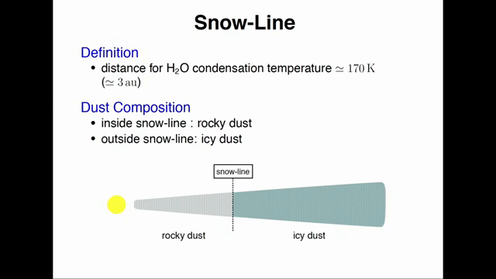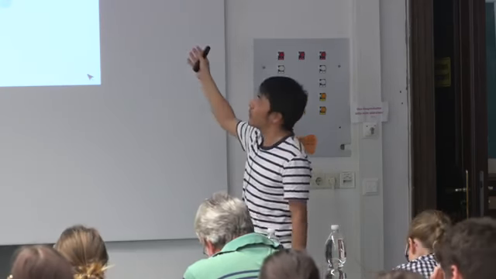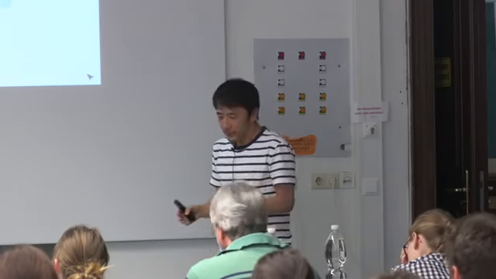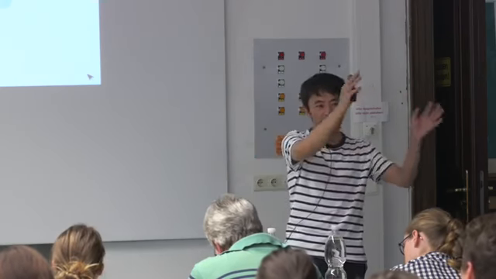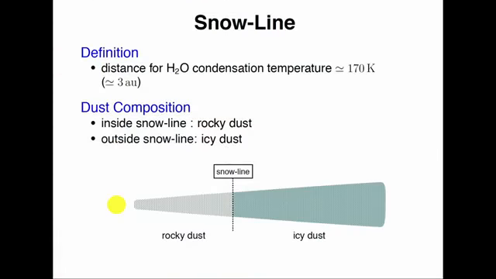The definition of the H2O snow line is the distance from the central star to the point where the disk temperature is about 170 K, which is the H2O condensation temperature under very low pressure, like in protoplanetary disks. If the disk is optically thin, the main heat source of the disk is the central star. In that case, the snow line is around 3 AU.